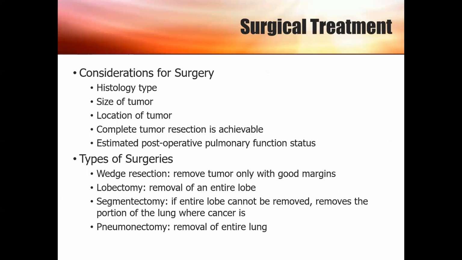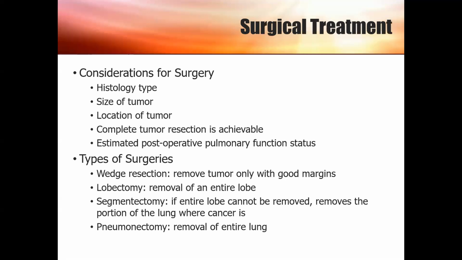Is it on the inside of the lung? Is it near the hilum? Is it on the very outside, the peripheral part of the lung, in the bronchi, things like that? Where is it located? Also, whether a complete tumor resection is achievable or not, and this may depend on the size as well as the location of the tumor.